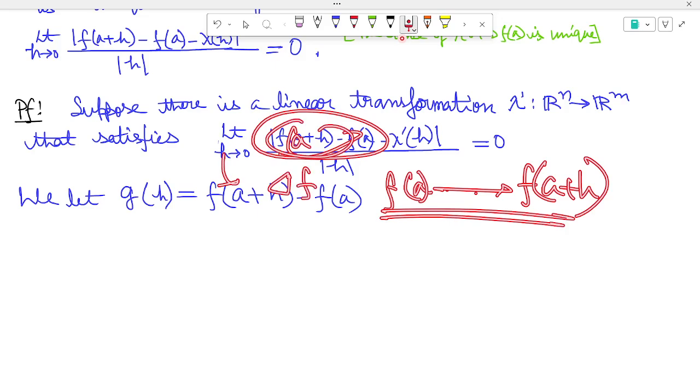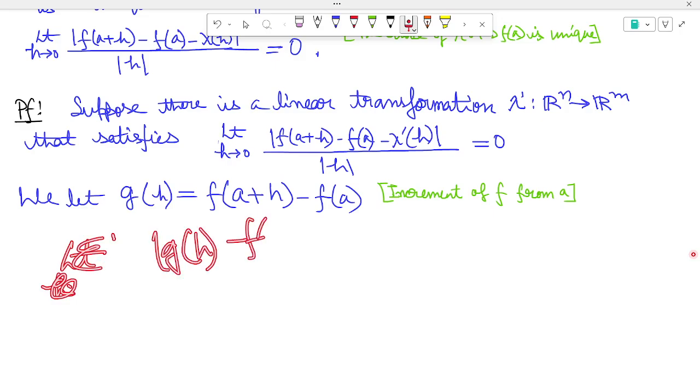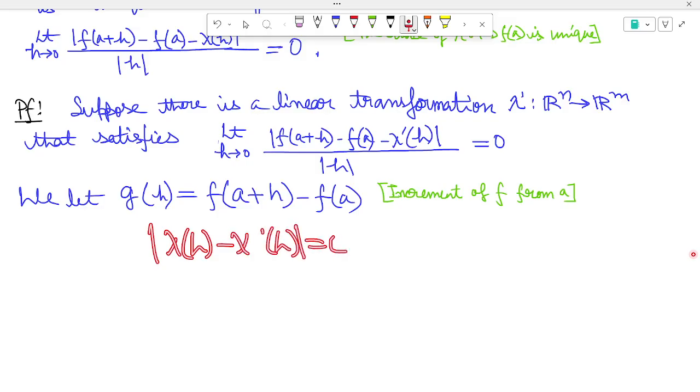Now I will show that lambda h minus lambda dash h equals 0 for all points.